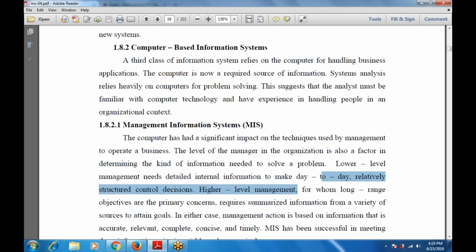And high level management, which is concerned with long-range objectives and primary concerns, requires summarized information from a variety of sources to attain the goals. In either case, we are taking management action that is based on information that is accurate, relevant, complete, concise, and timely.